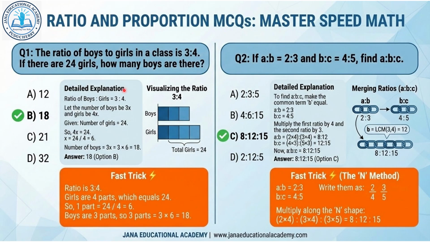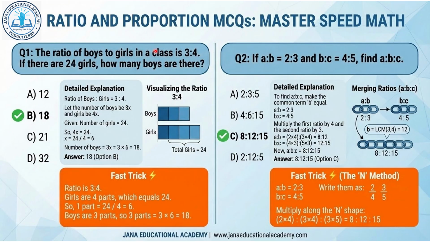So x is equal to 6. When x is equal to 6, 3 into x is 18. So 18 boys are there. And 4 into 6 is 24. 18 plus 24, how much? 42. So the total strength in the class is 42.